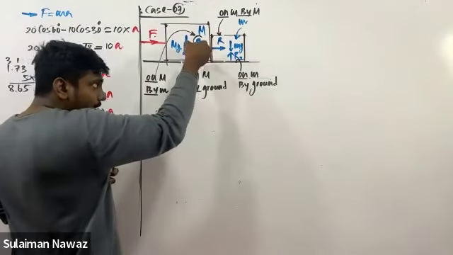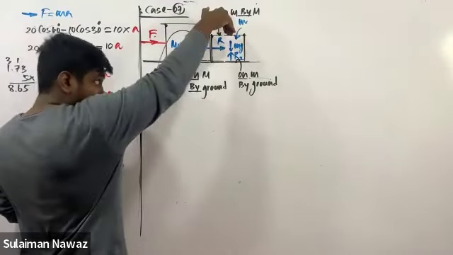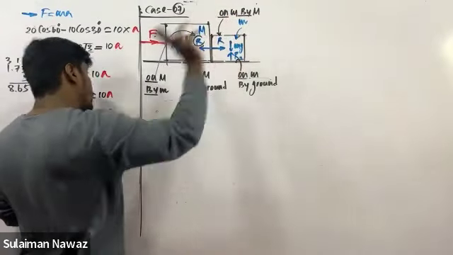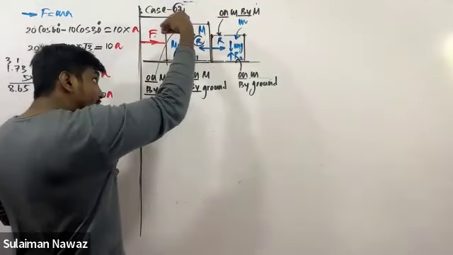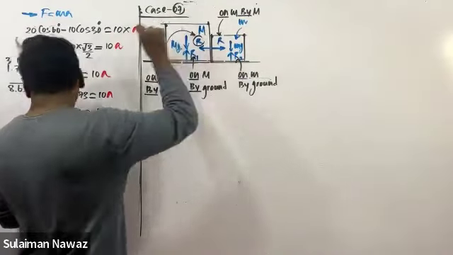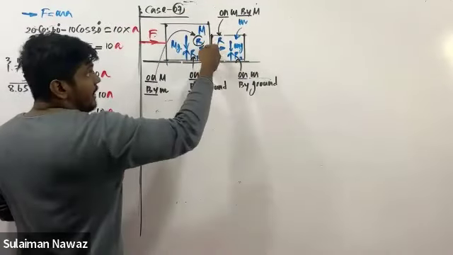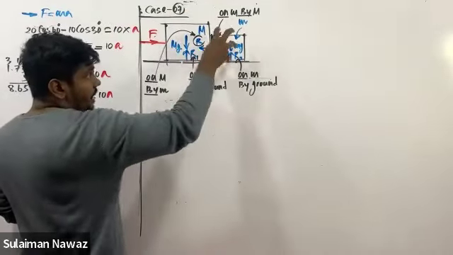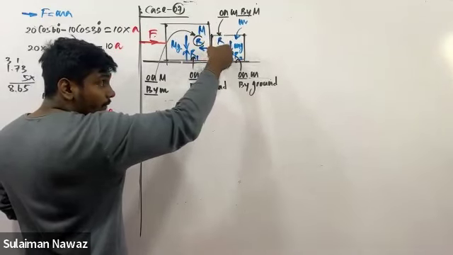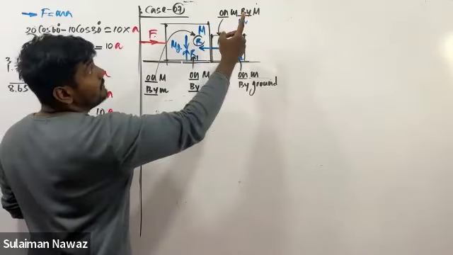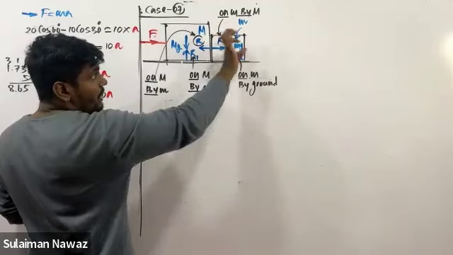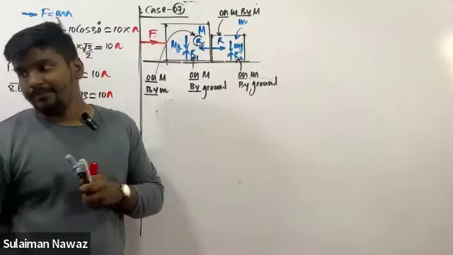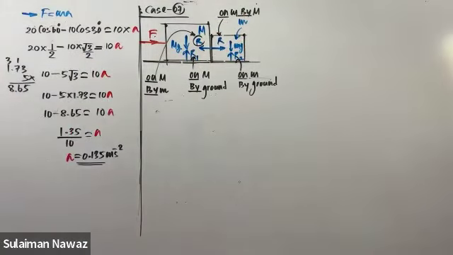How many vertical forces act on small m? Small mg downwards, R2 upwards, there are 2. How many horizontal forces act on capital M? F to the right, R to the left. How many horizontal forces act on small m? Only R.